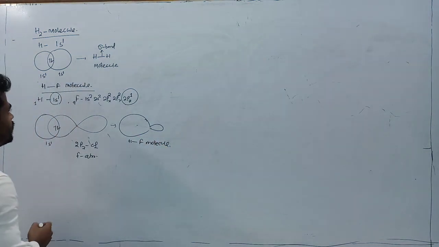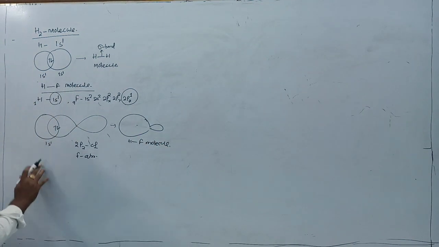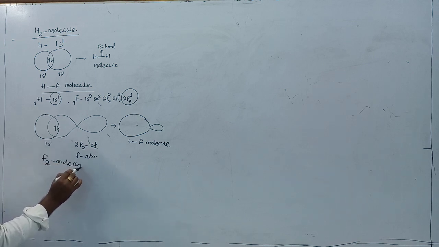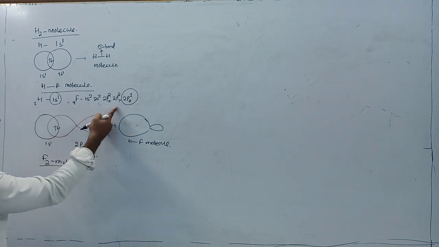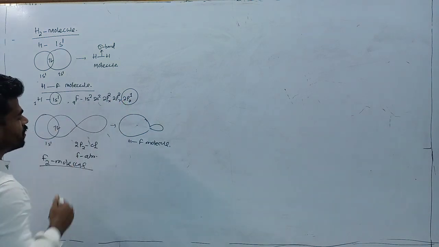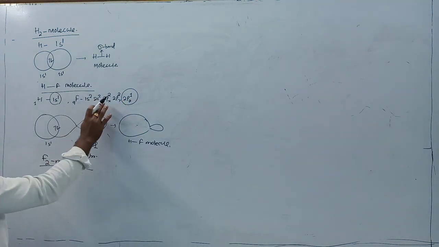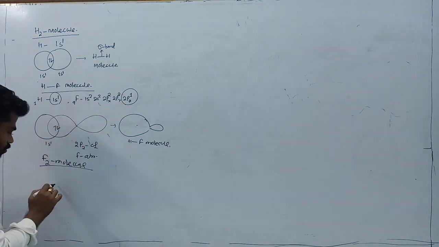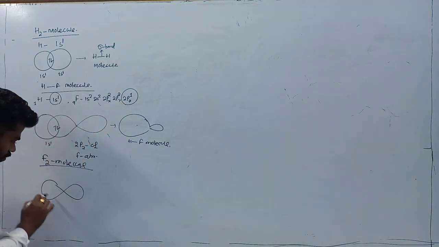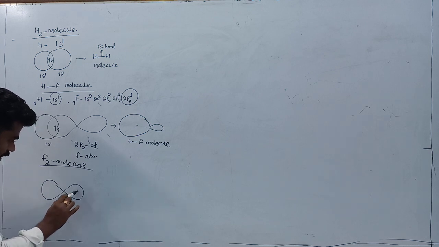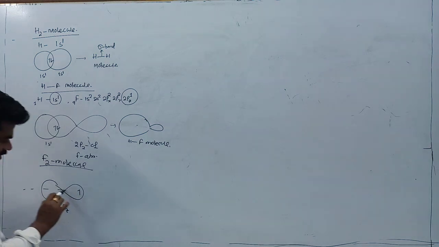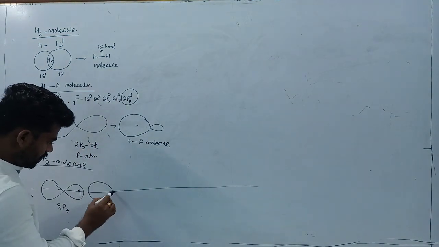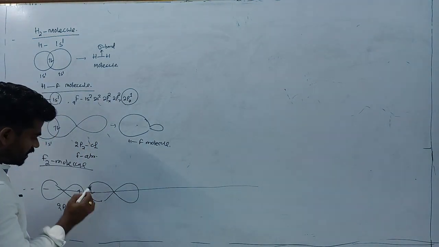Clear? Next, if I consider the Cl2 molecule or F2 molecule, let's say the F2 molecule. So two fluorine atoms have two half-filled 2pz orbitals, and the 2px and 2py remain as such. So just consider this 2pz. I am considering 2pz of one fluorine atom, its electron like this, and this is my internuclear axis, the z-axis, and another p orbital like this, also with an unpaired electron.